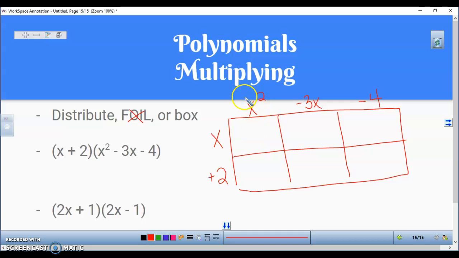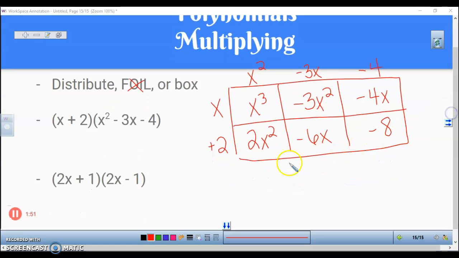Go ahead and fill in my box here. X times x squared is x to the third. X times negative 3x is negative 3x squared. Then I have negative 4x, 2x squared, negative 6x, and then finally negative 8. I have to combine like terms. Typically they are diagonal, but just make sure.